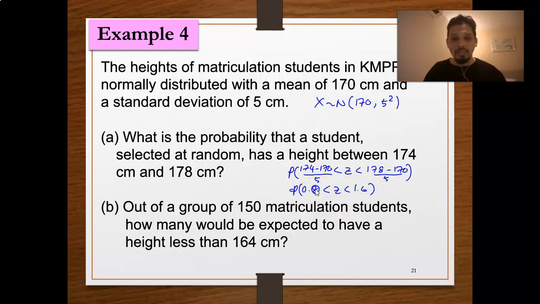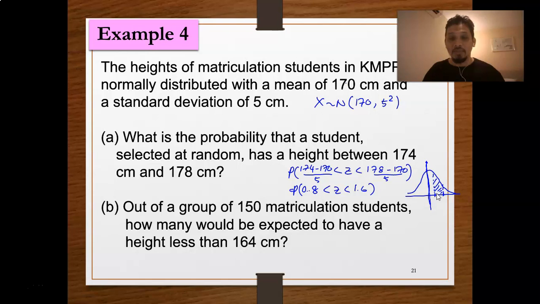So find the values of these. Both of these are positive, meaning the mean is 0, so 0.8 might be somewhere around here, and 1.6 somewhere around here. So this is the area.